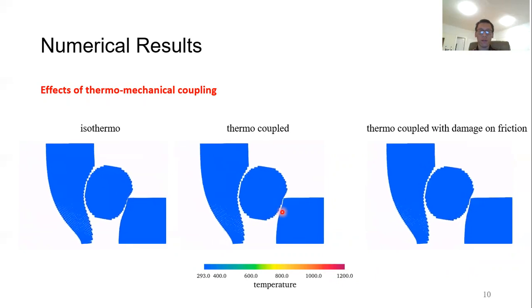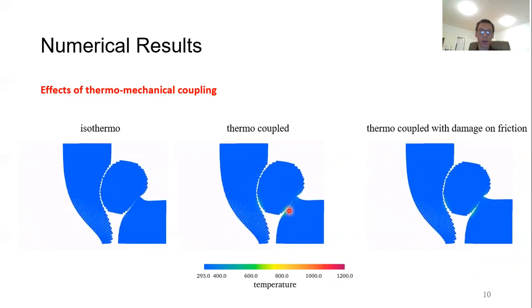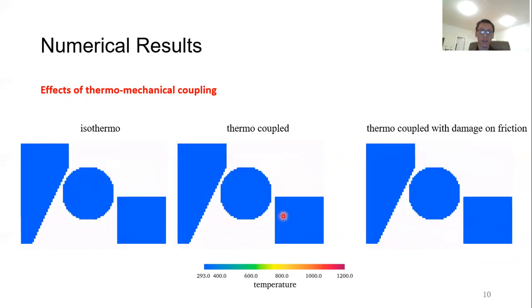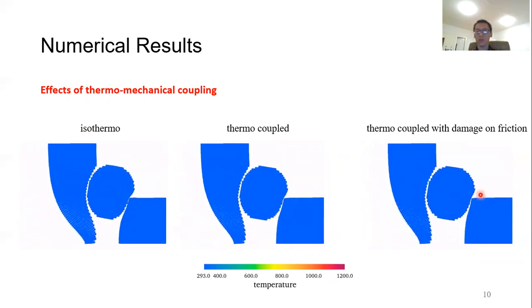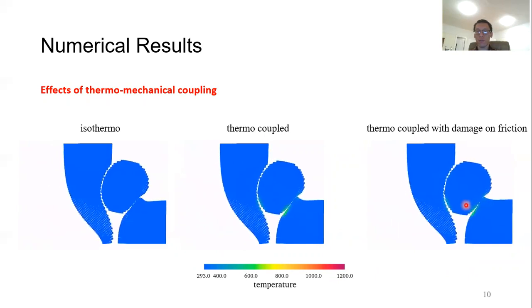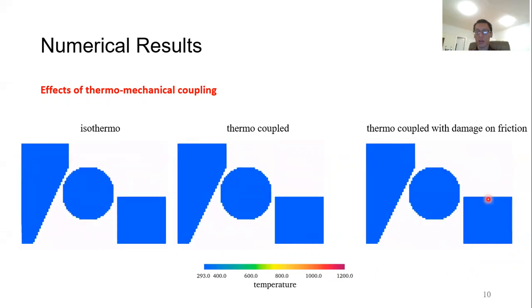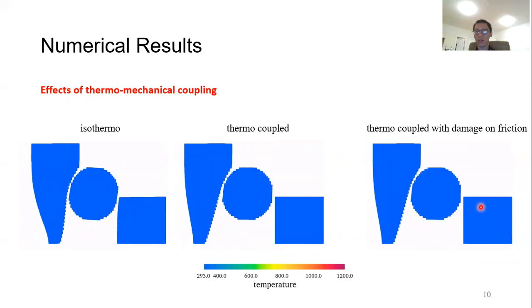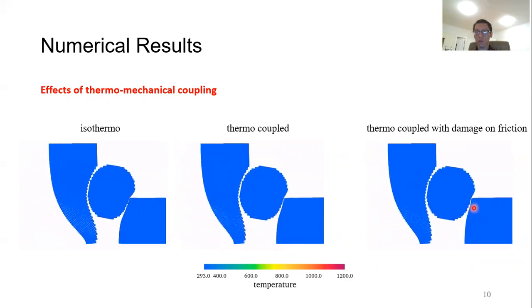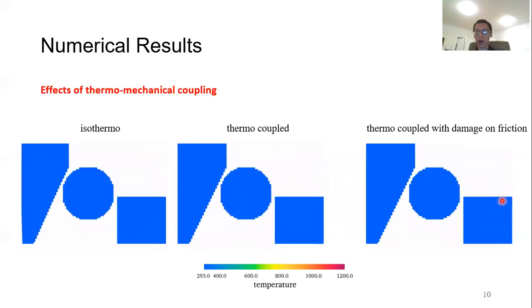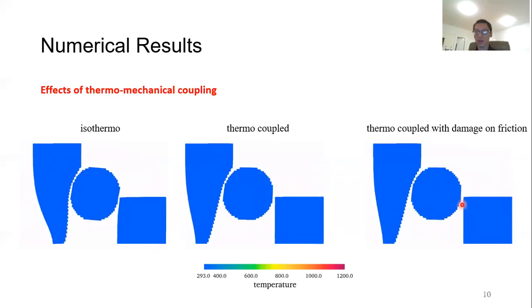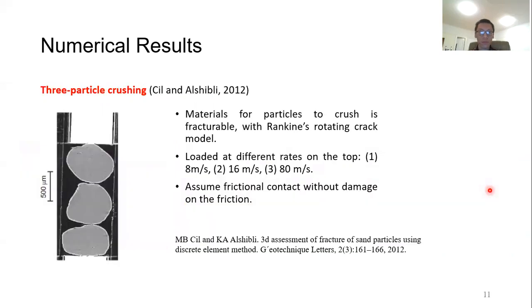This is because we have intensive compressive deformation and frictional heating here. So it makes sense to consider thermal softening on the friction. And here we can see that the result is greatly different if we consider thermal softening on the friction, because the disk can pass this corner and go onto this step.